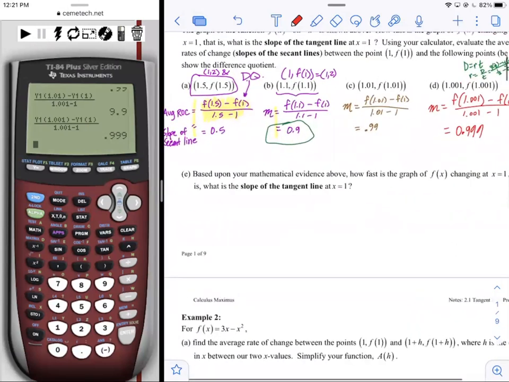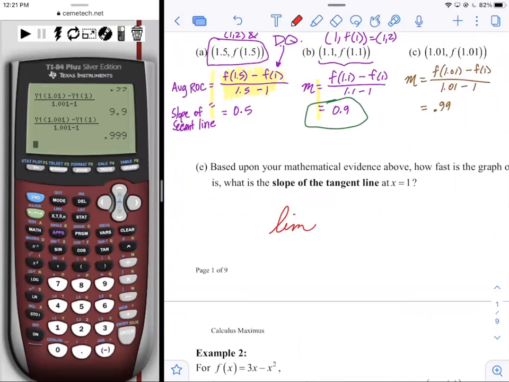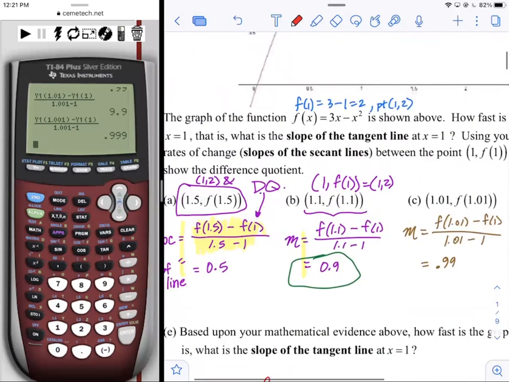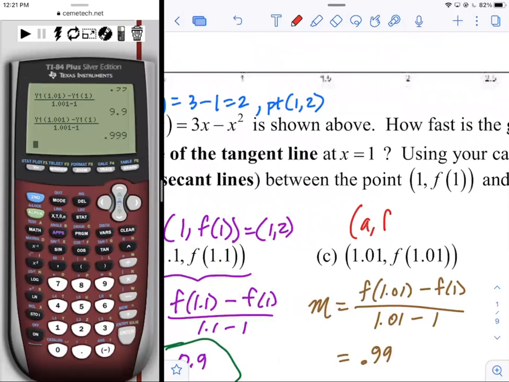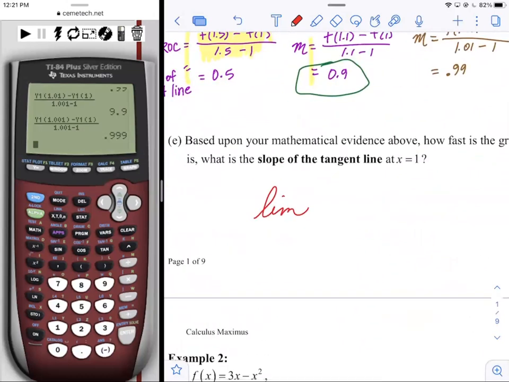It would appear that the limit as that other point, let's call that other point a, f of a. This is the other point that we're using, okay? It would appear that the limit as the x value approaches a of f of a minus f of 1 over a minus 1, it looked like it was approaching 1, right?